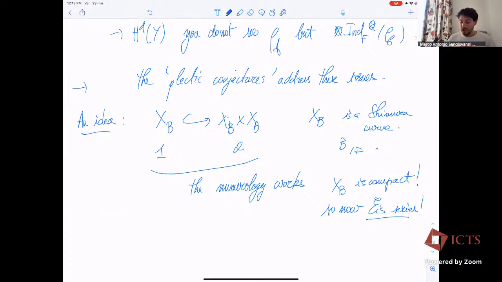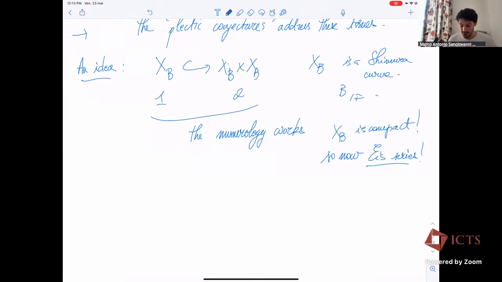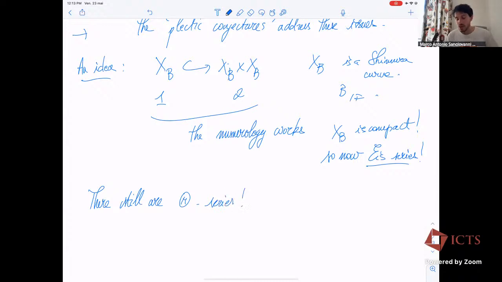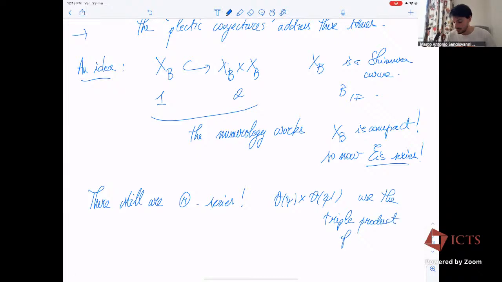So what to do? Well, there still are theta series. So you may want to consider the product of two theta series, and then use the triple product formula to build this Euler system.